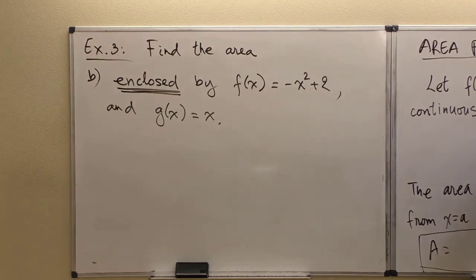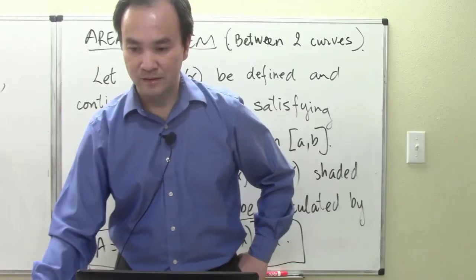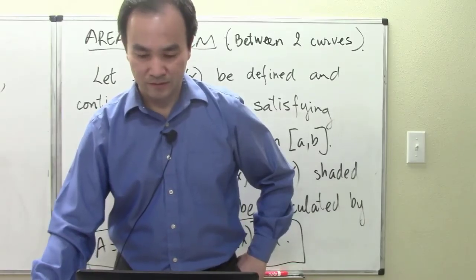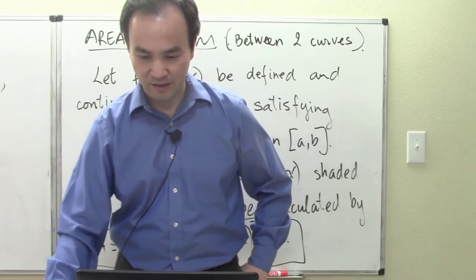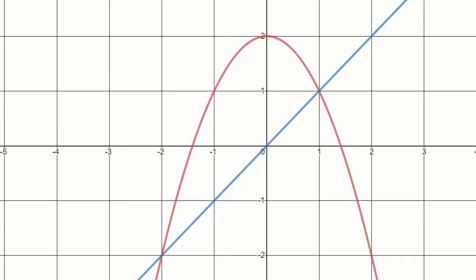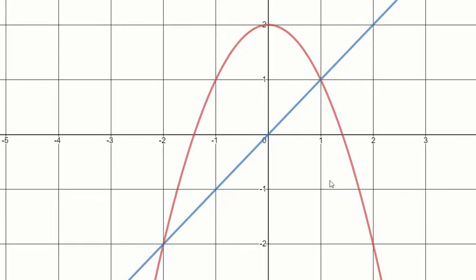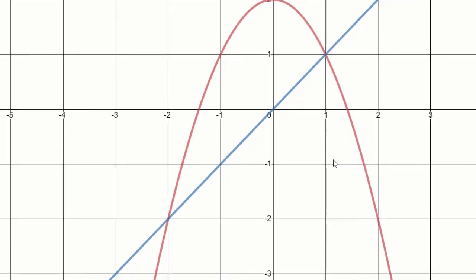All right, so let me spend a little bit of time preparing my screen. Okay, so now let's see what the graphs look like on the computer screen. All right, so there we go. In your experience with graphs of functions, you should be well familiar that this parabolic shape is the graph for our minus x squared plus 2.